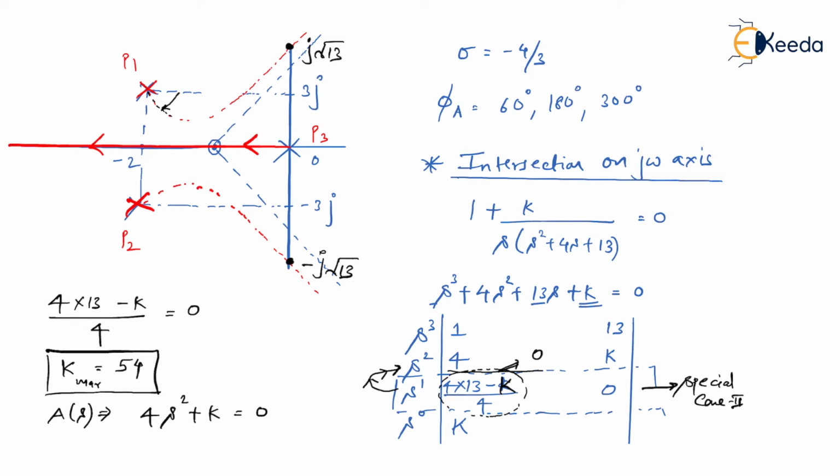As you can see, there are coefficients 4 and k. With this, you can get the auxiliary equation as 4s square plus k equal to 0. This is what we call the auxiliary equation. Let me write it again: you equate it to 0, and in this case it is 4s square plus k equal to 0.